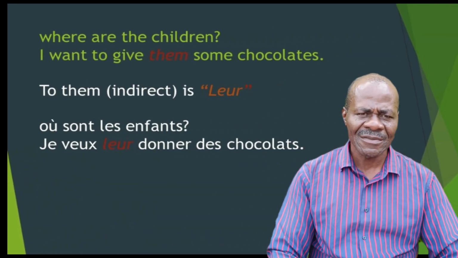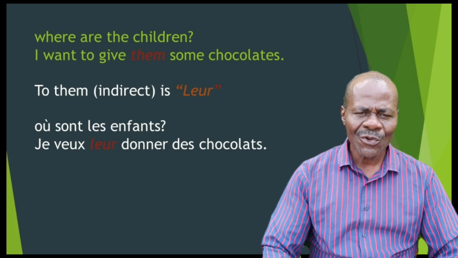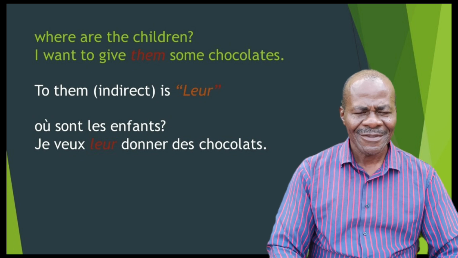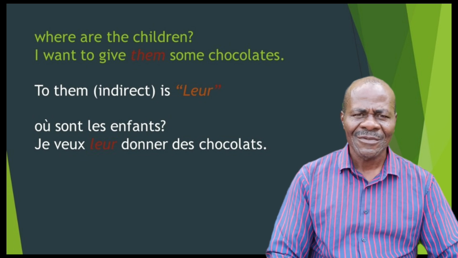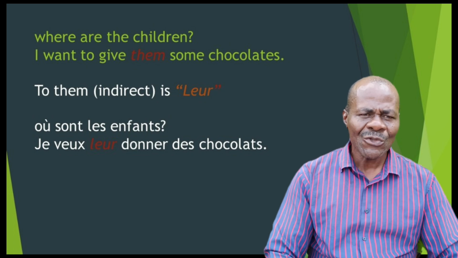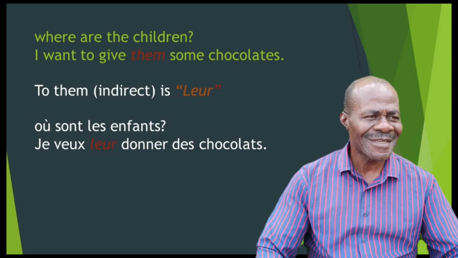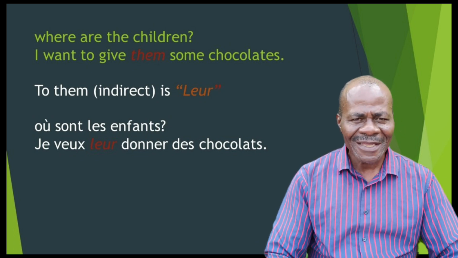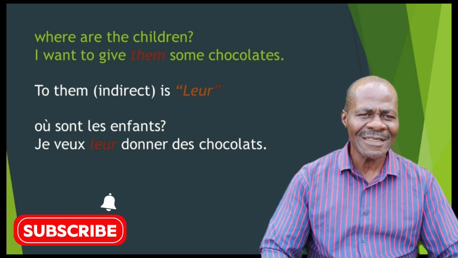Where are the children? I want to give them some chocolate. Now, "them" is a pronoun we use in the place of children. I want to give to who? To the children. So you see here, "to children" are what? Indirect object, pronom complément d'objet indirect.